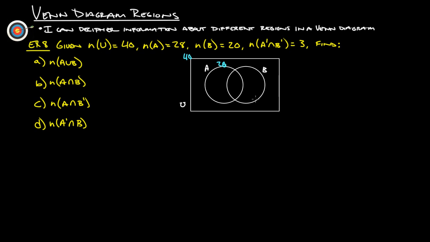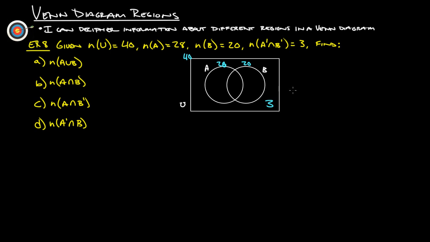The number in B, so both of these regions here, is 20. And then it says the number of elements not inside of A or not inside of B is 3. Everything that's not in A and not in B is this stuff out here.